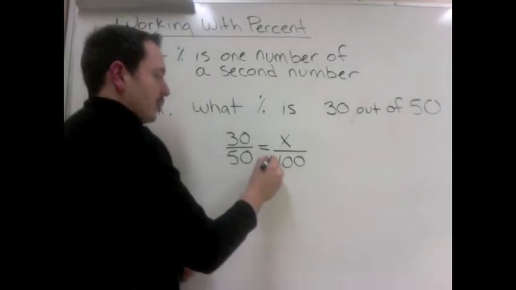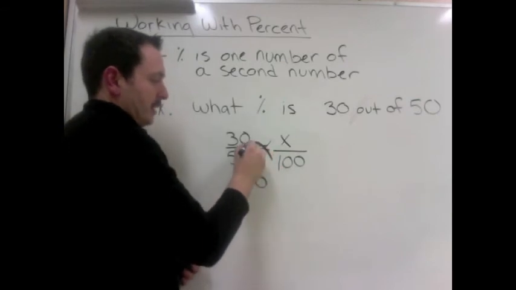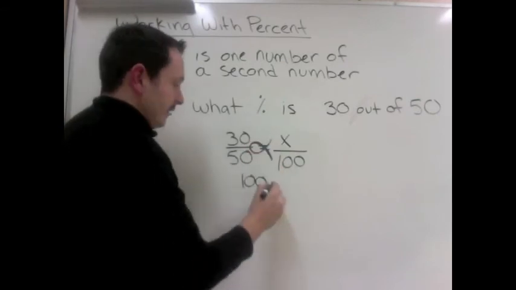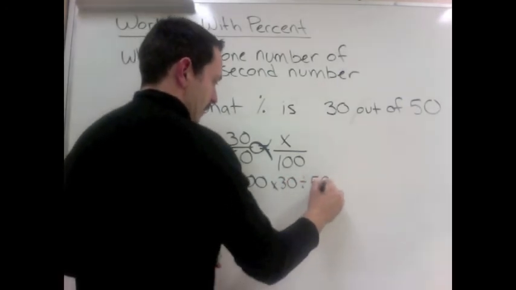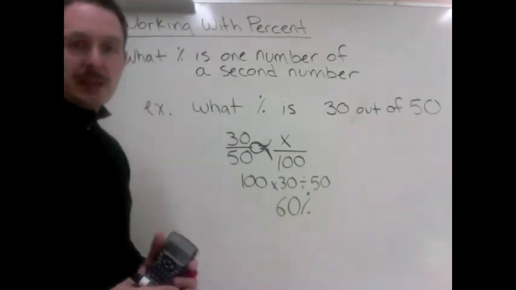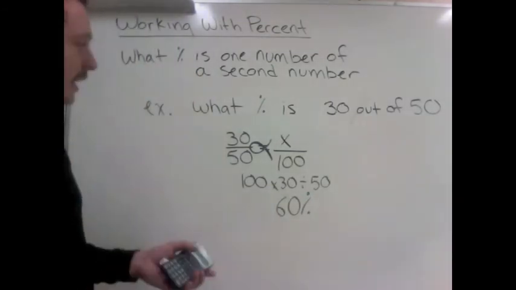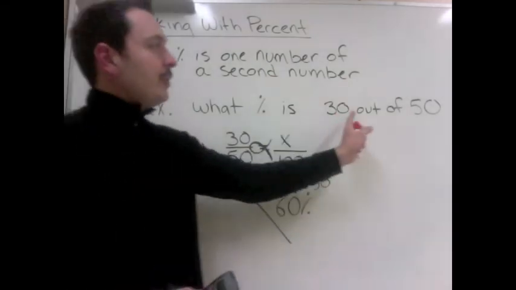And now if we use our fish technique, 100 times 30, divide 50, is 60%.